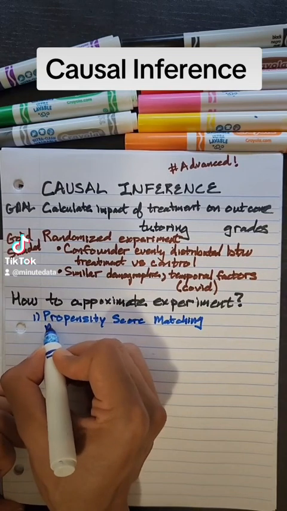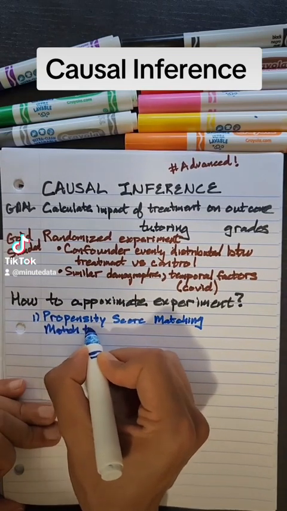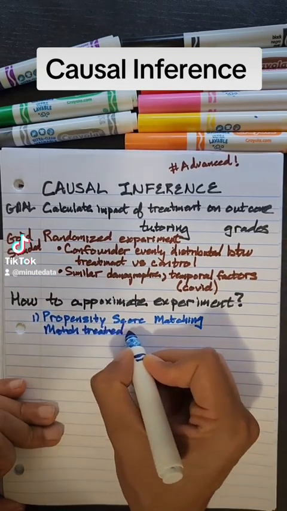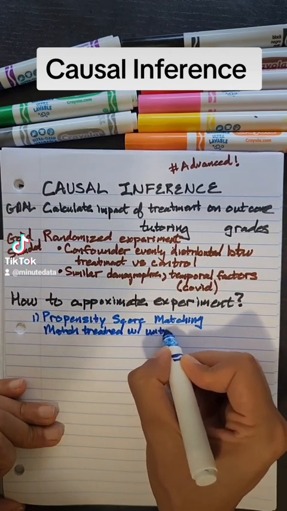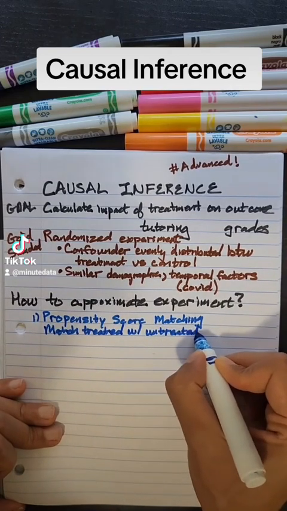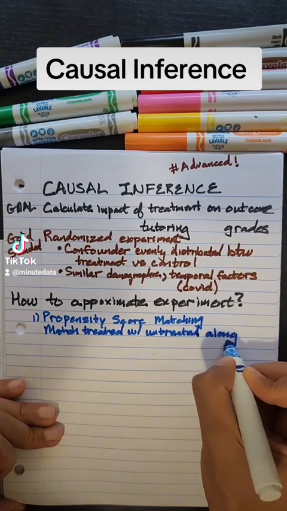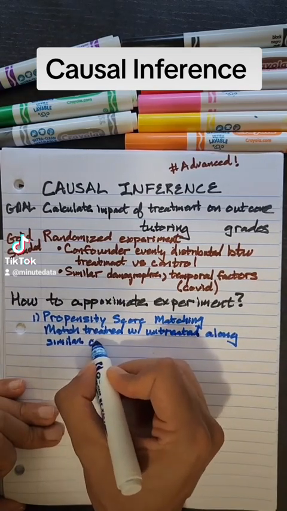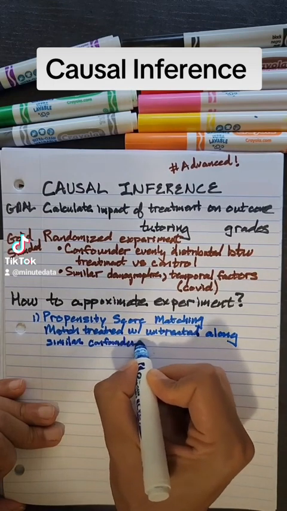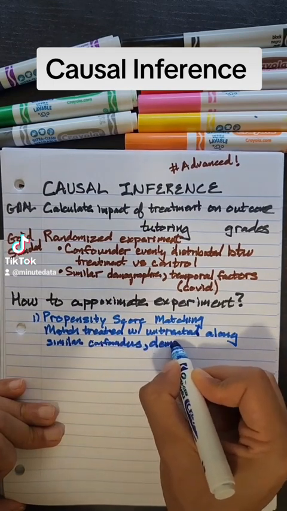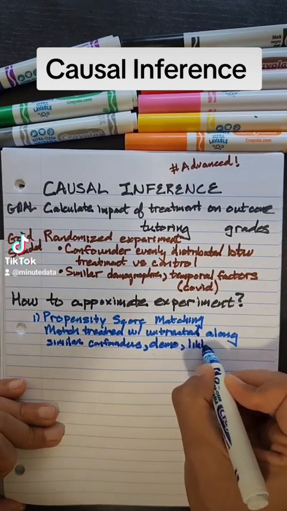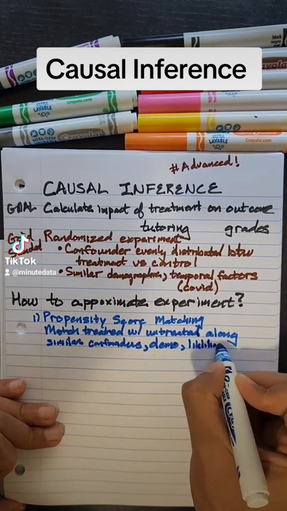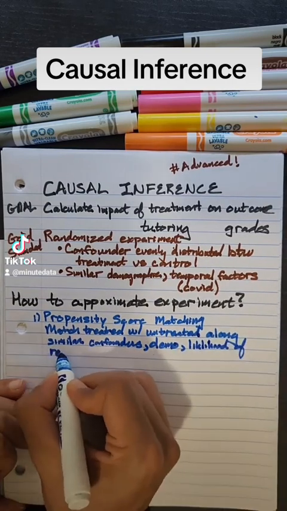The basic idea is we're going to match treated with untreated along similar confounders, demographics, and ultimately likelihood of receiving the treatment.